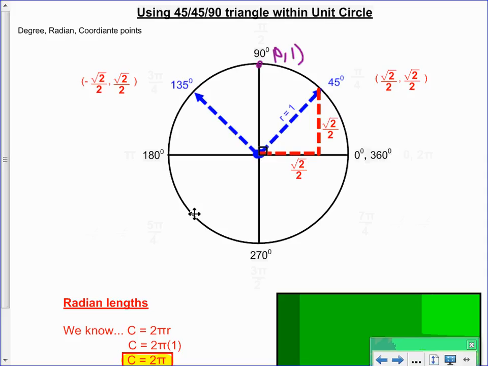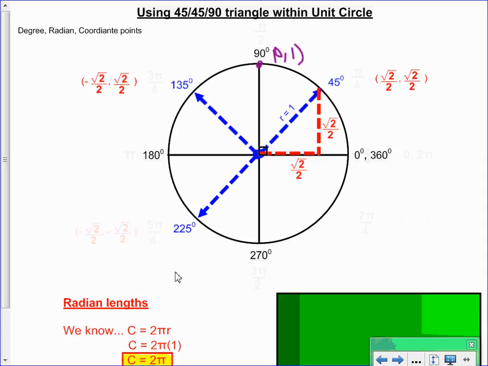Okay. 45 degrees later, we're at 180, which is negative 1, 0. We already have that one. And 45 degrees later, we have 225. Again, it's still root 2 over 2, but which one's negative? Both!